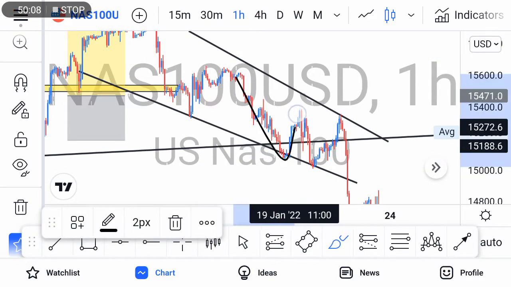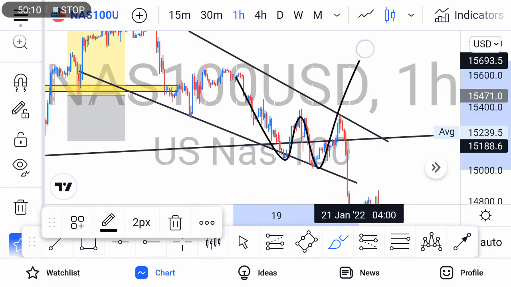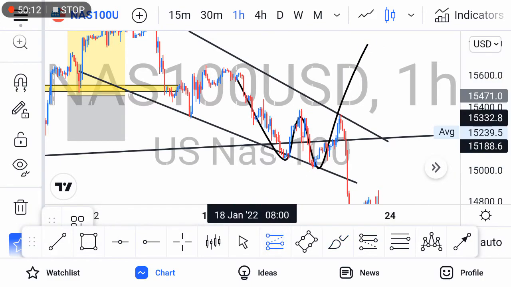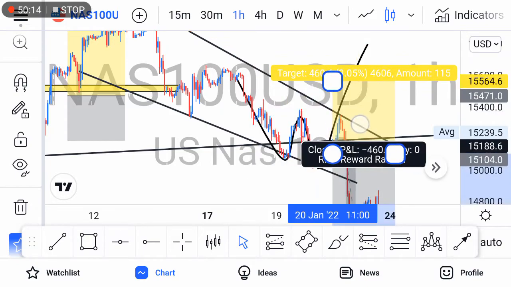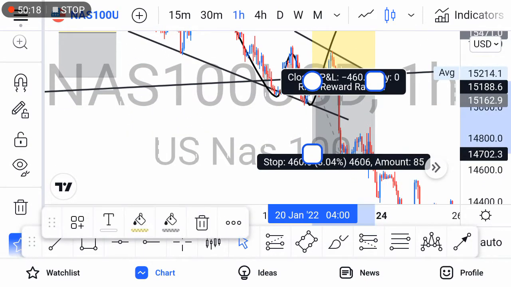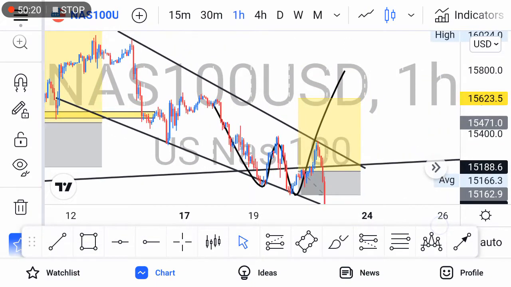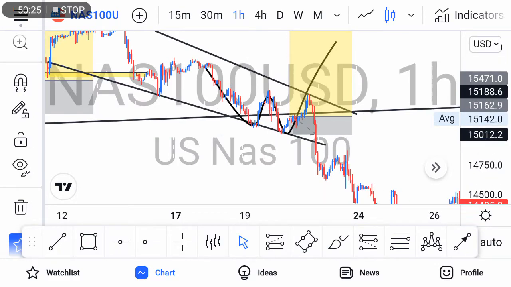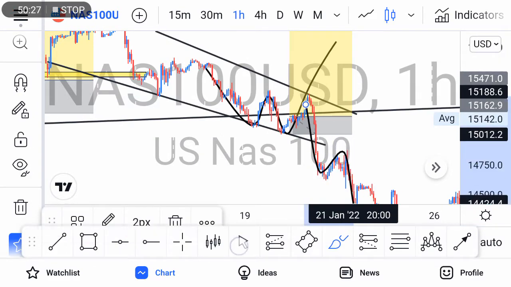We want a double bottom. We did have that double bottom, so definitely this one was gonna be a trade for me. This one was gonna be a trade, but it stopped us out.